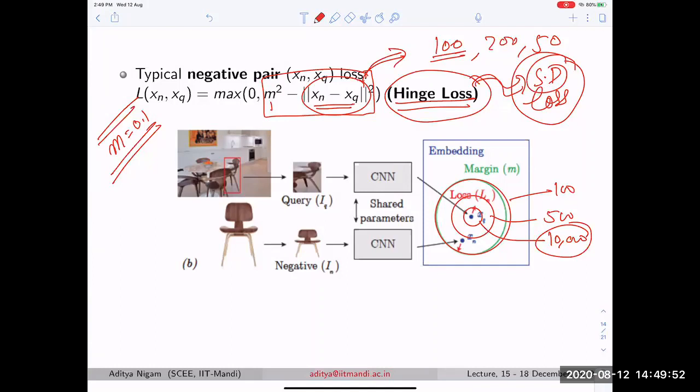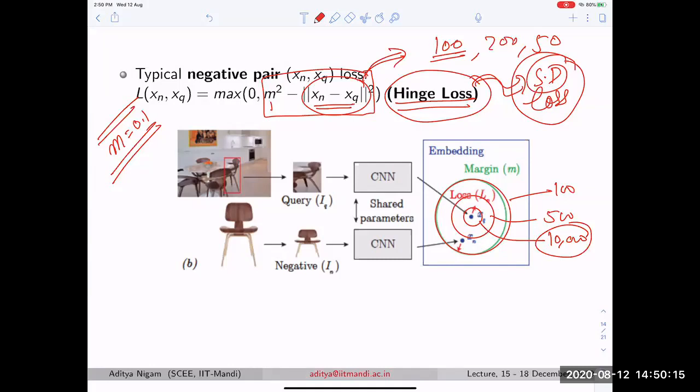Now it is not possible with very small margins and very large margins. If I say that the margin is very, very small, it essentially means that nothing is happening, no social distancing. If the margin is very, very high, it is very difficult to achieve.